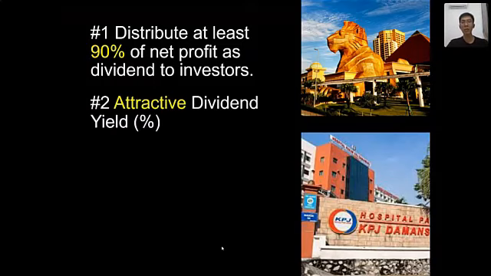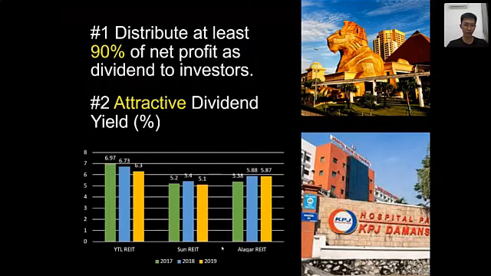Number two, because they distribute at least 90% of net profit as dividends to investors, which, ladies and gentlemen, doesn't happen in other stocks in the industry, right? Because of this, they actually give very, very attractive dividends. Now, with that in mind, I want to show you the chart below, right? This chart shows you the dividend yield, in terms of percentage, of three different REITs listed in Malaysia.